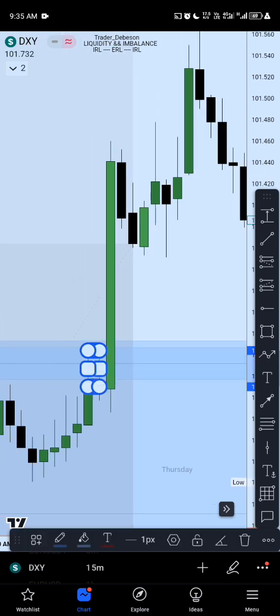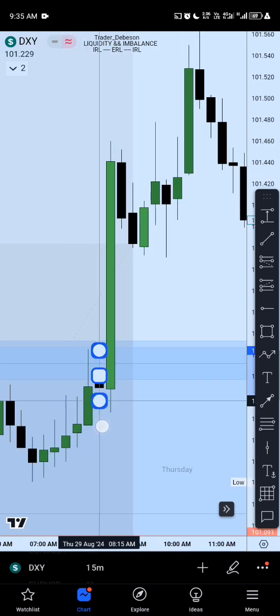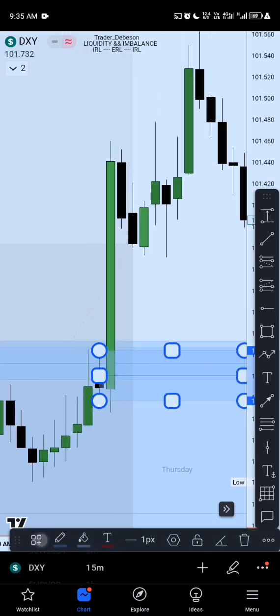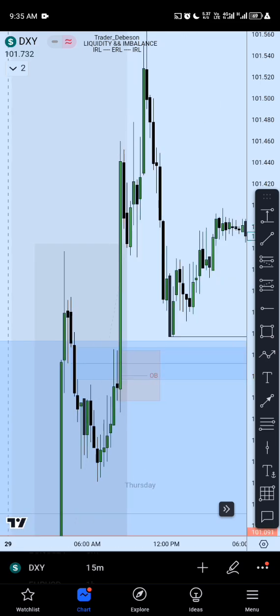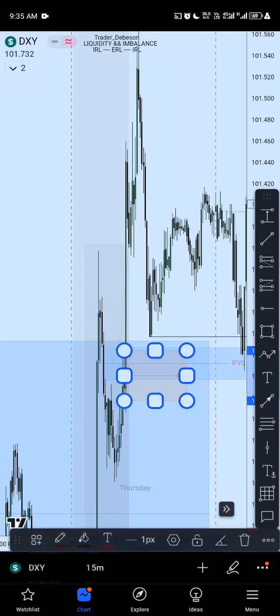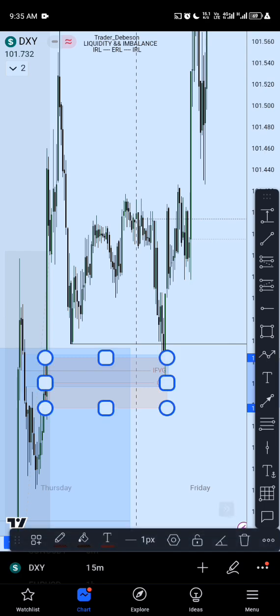We have that as our OB. So it's left for you to know the one you want to be buying from. We have that order block, we also have the inversion fair value gap.